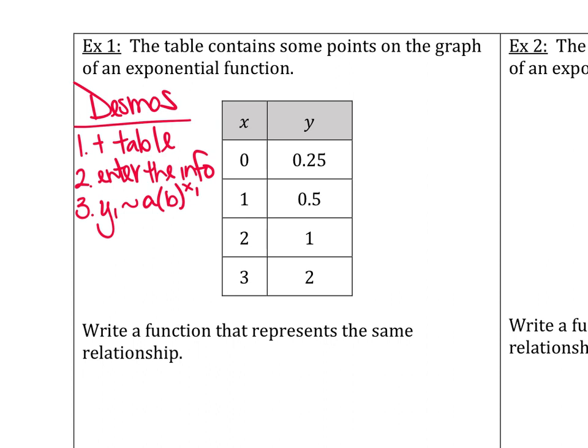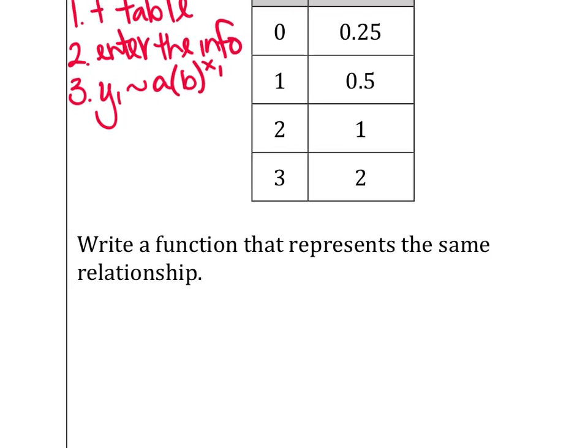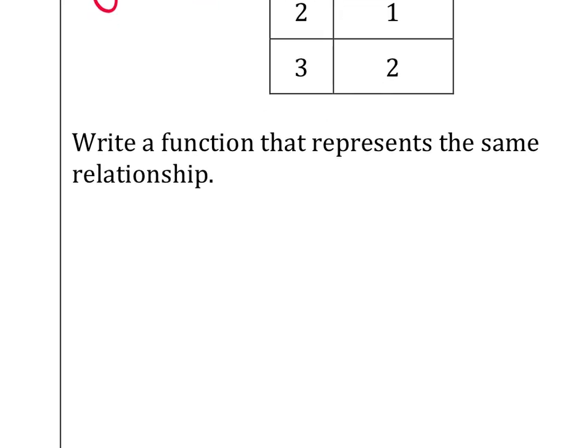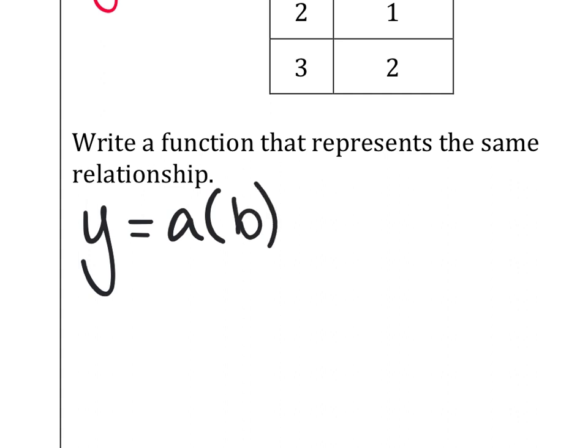That's going to create a graph for you, but I don't really care about any of that information because all I need to remember is that my formula is going to be y is equal to a times b to the x1 power.